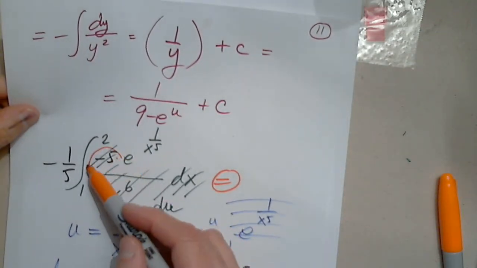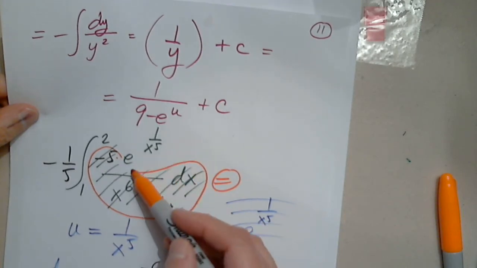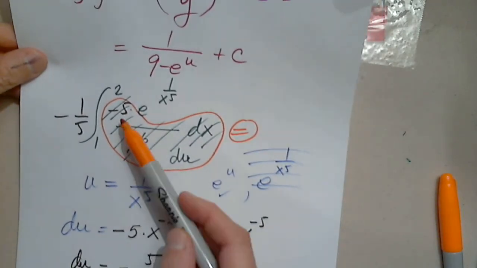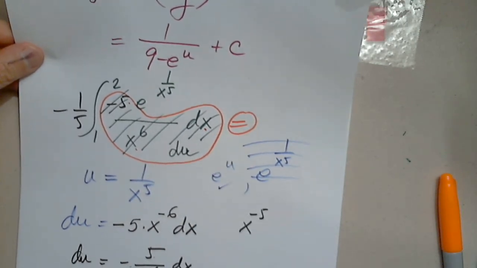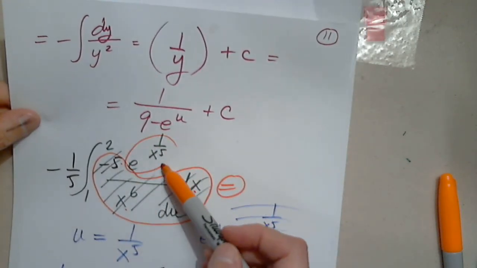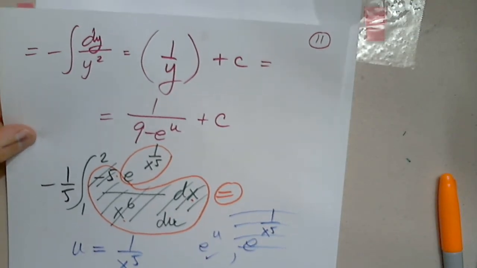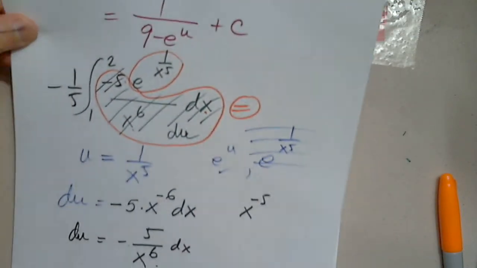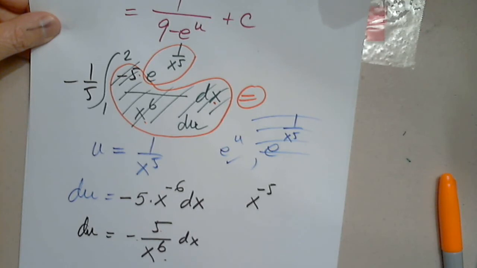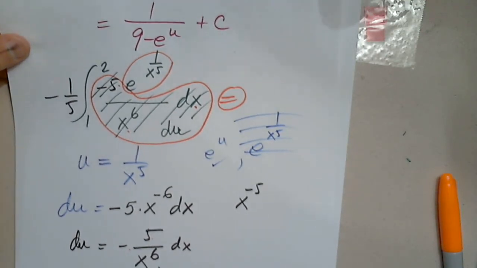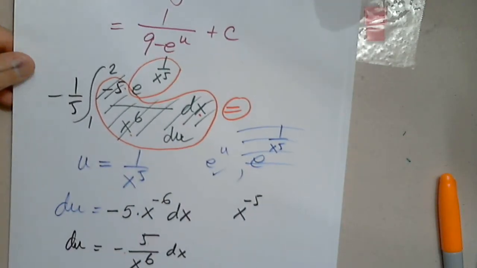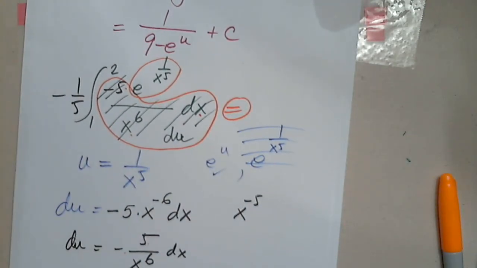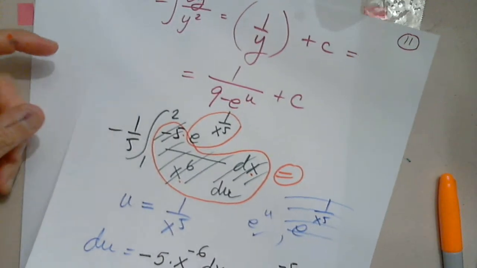All this is du, the negative 5 in the numerator, the x to the 6 in the denominator, and dx on the side. And what do I replace this by? So e to u du. Do you prefer this or that? Well, obviously we prefer this, but now we have to stop for a moment and plug in the numbers.